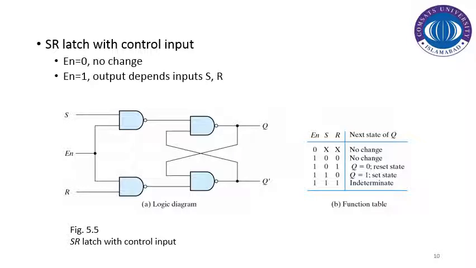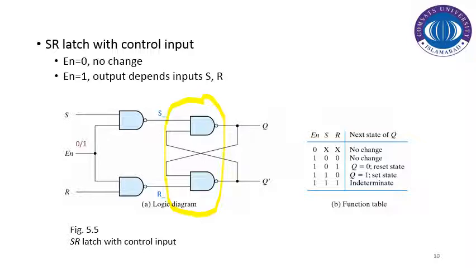If you see the logic diagram for this particular implementation, this is the same setup that has been used. This is basically our same old SR latch that is implemented by NAND gates.